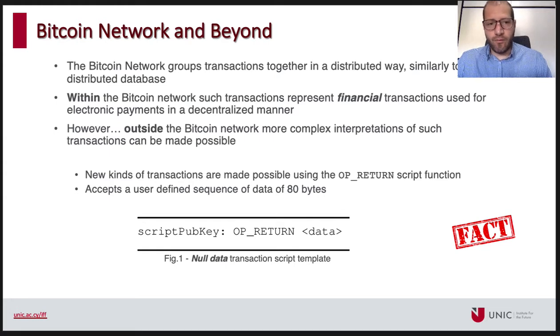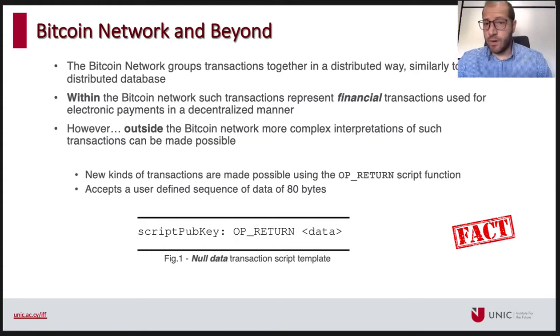So there are various ways to store arbitrary data or metadata to the Bitcoin network as long as they follow the protocol specifications. And in this paper, we are focusing on one such method used for data insertion, and this is the OP_RETURN code, the OP_RETURN transactions.